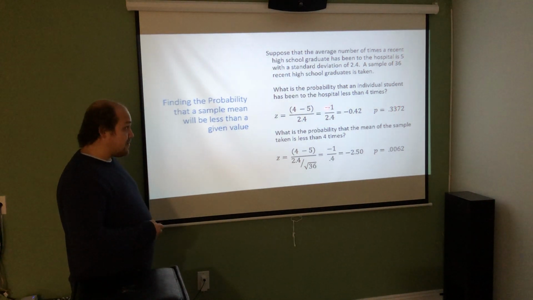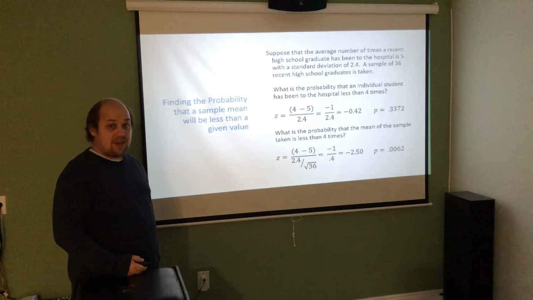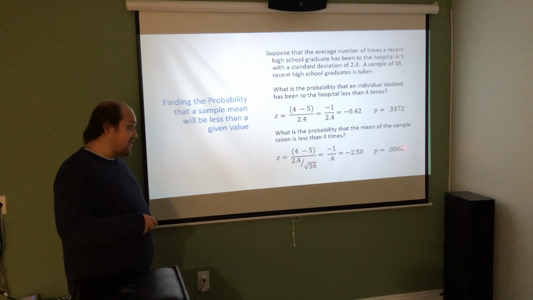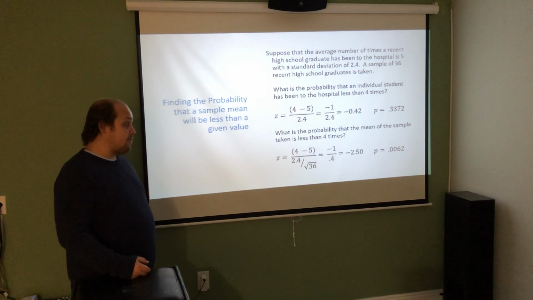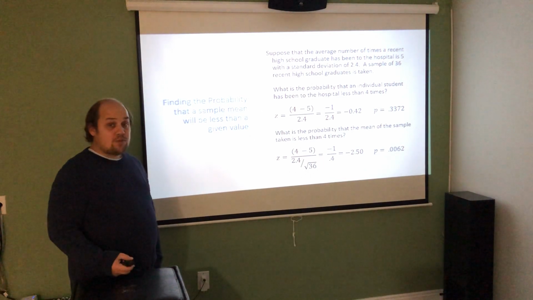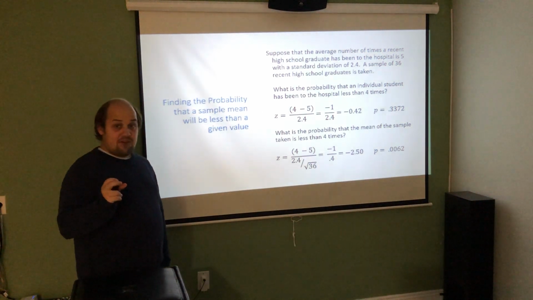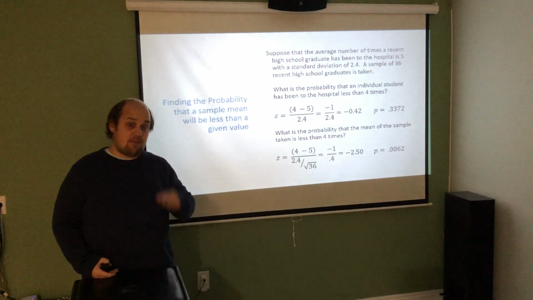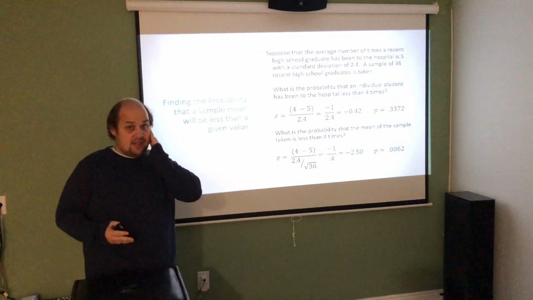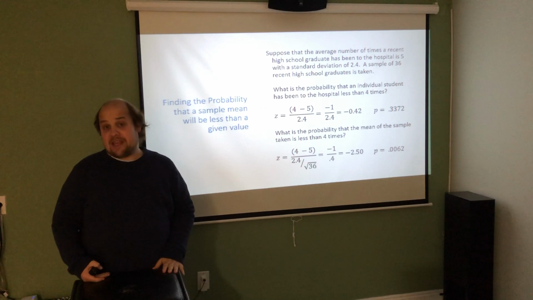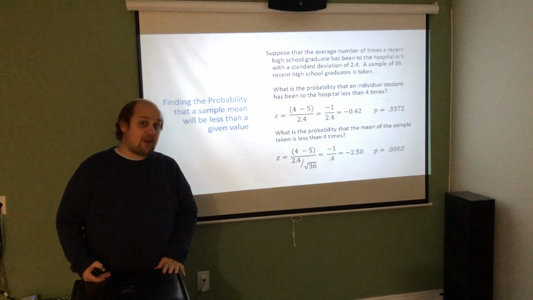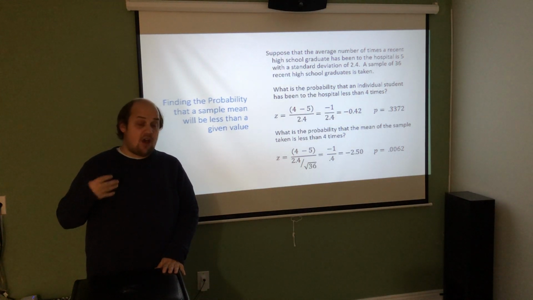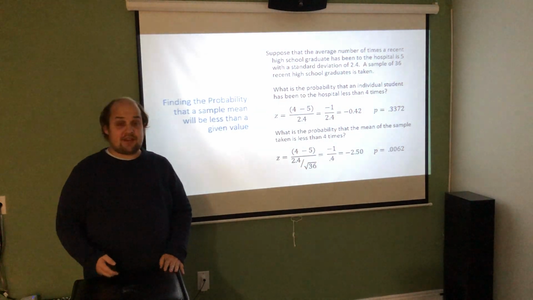From 33% for just one person being able to fit in there, to 36 people being less than 1% chance. So what's really happening here is because the standard deviation is smaller, that raw distance that I am from the mean, which was 1 in either case, gets magnified when I'm taking the sample, as opposed to when I'm just saying what's the probability of a random one person having this value.